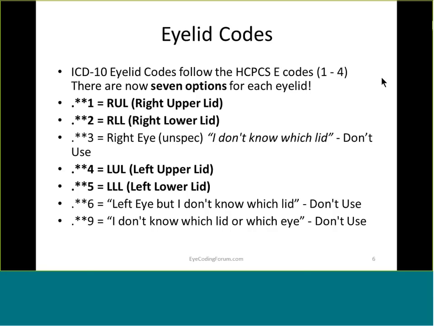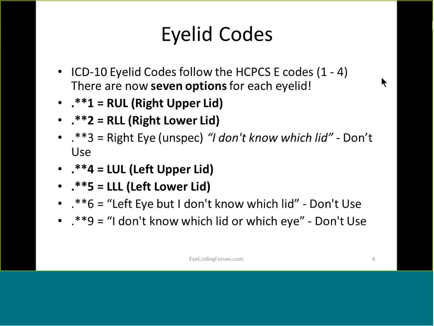Also, there are 4 modifiers for eyelids, E1 through E4. These are CPT modifiers. So these are not modifiers. They're actually going to be either 6th or 7th digit codes that will be added to indicate a condition for the right upper lid, right lower lid, left upper lid, or left lower lid.